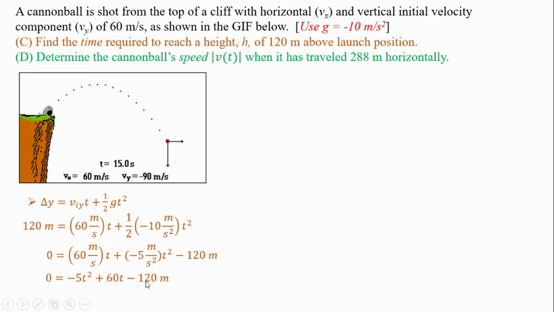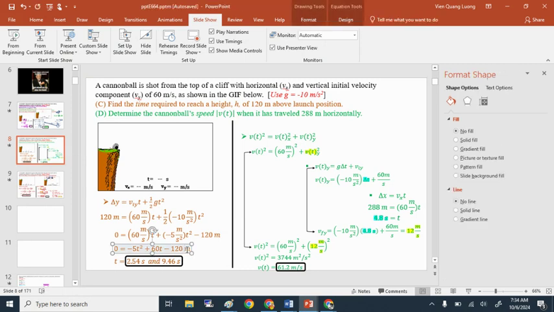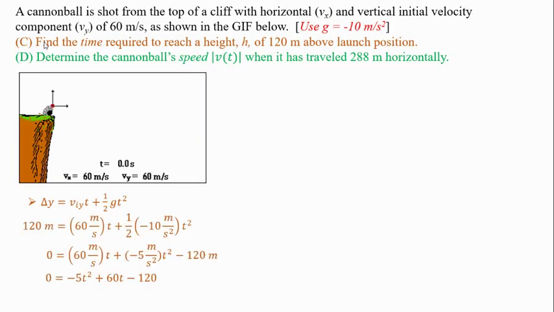And then the -120 is the term without the t. I left the units out here, so let me fix this real quick. I'll be consistent and erase that m right there, because I just need the coefficients. Okay, so if you do quadratic, you should get a value of 2.54 and 9.46.